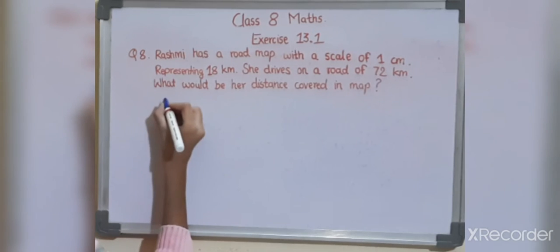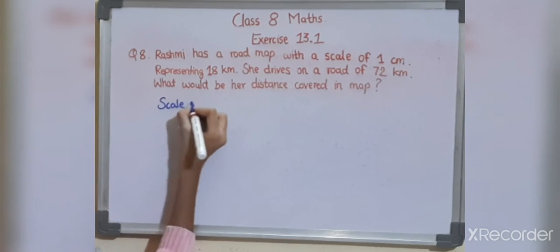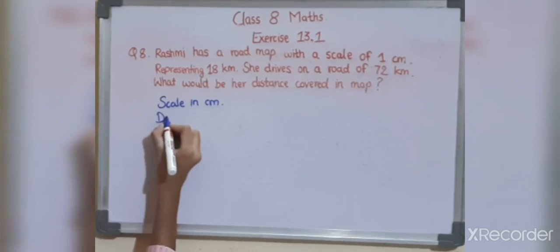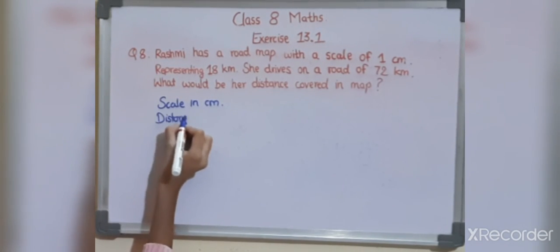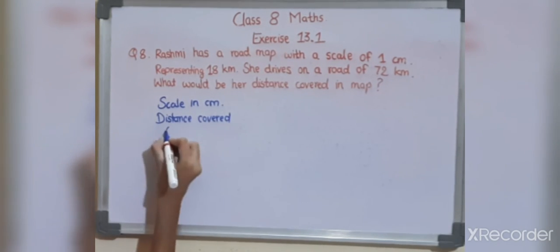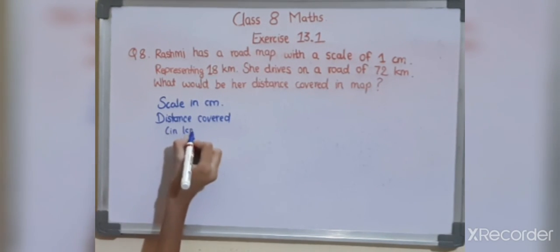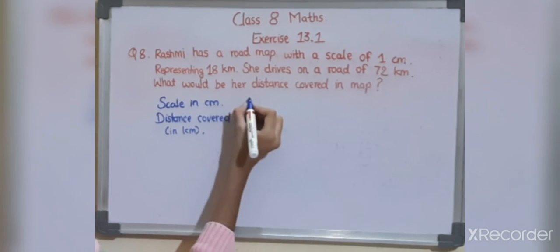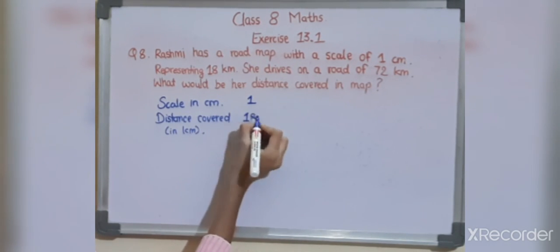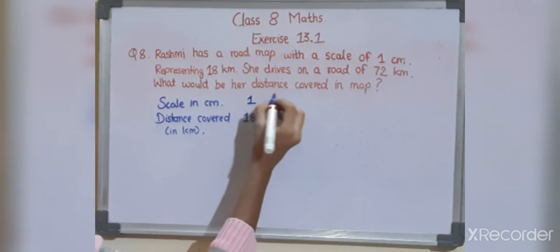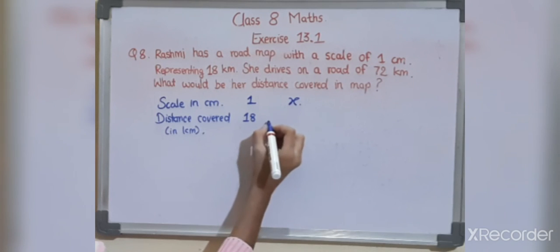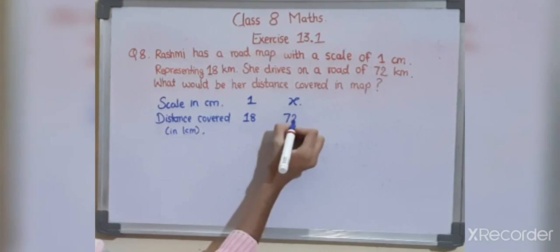So scale in centimeter, distance covered in kilometers. So scale in centimeter is 1 and distance covered is 18. So scale in centimeter, here we don't know, so we'll write it as x, and distance covered is 72 kilometers.